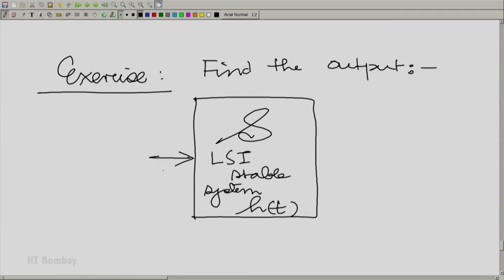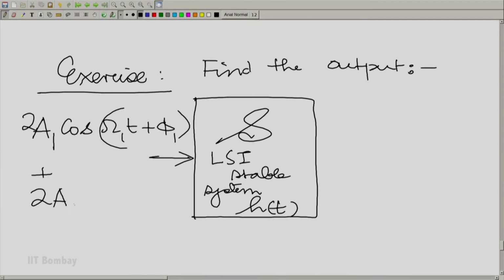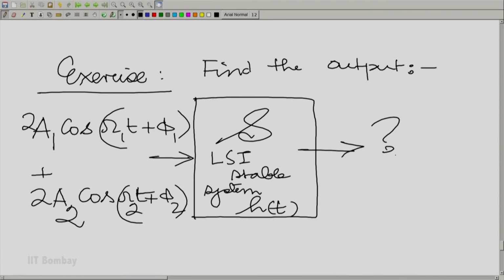The input is now a sum of two sinusoids of different frequencies, 2a1 cos(omega1 t plus phi1) plus 2a2 cos(omega2 t plus phi2). The question for you is, find the output. What is the output here?